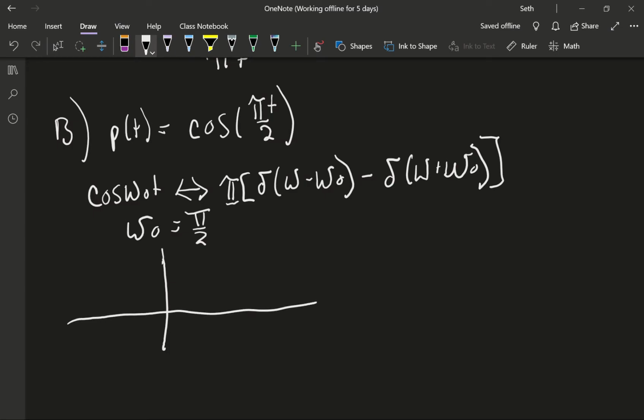So we have one in the right half side of the plane at pi over 2. It is here.